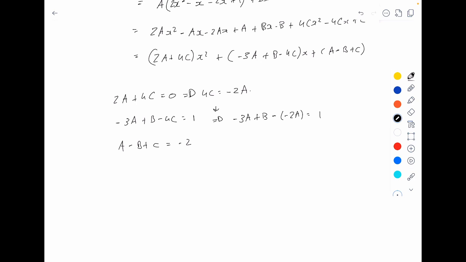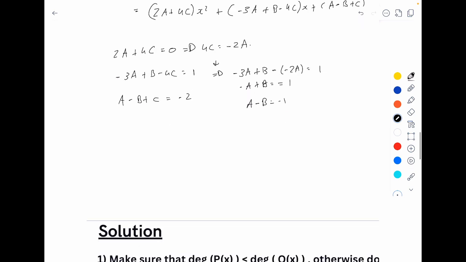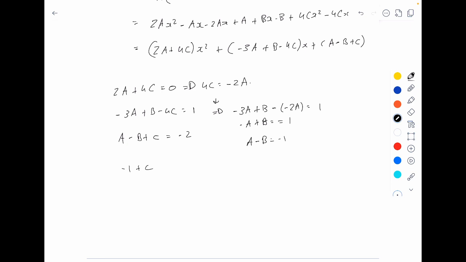That means negative a plus b is equal to 1, which means a minus b is equal to minus 1. So therefore negative 1 plus c is equal to minus 2, and c is therefore going to equal minus 1.